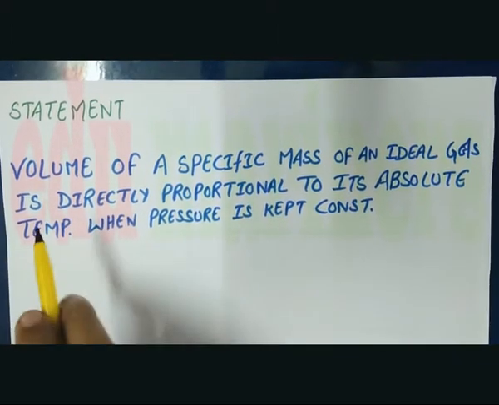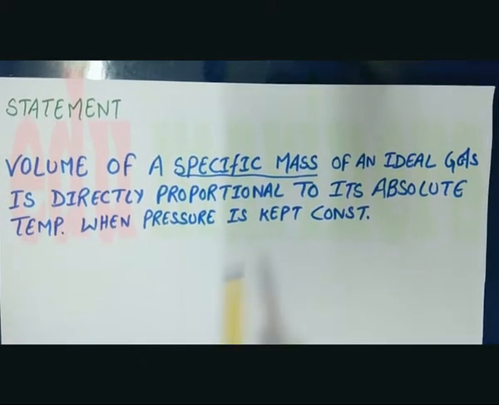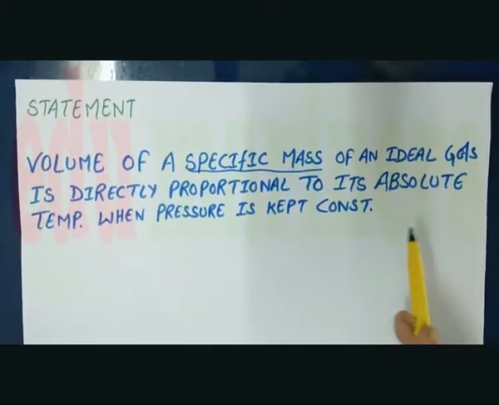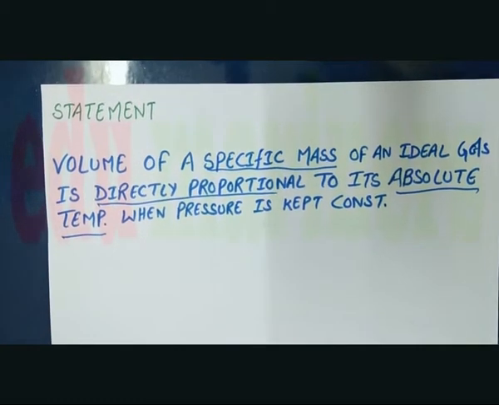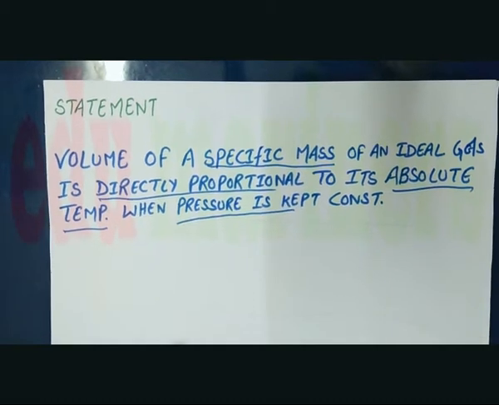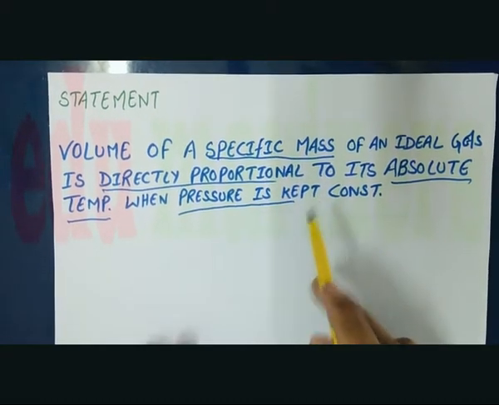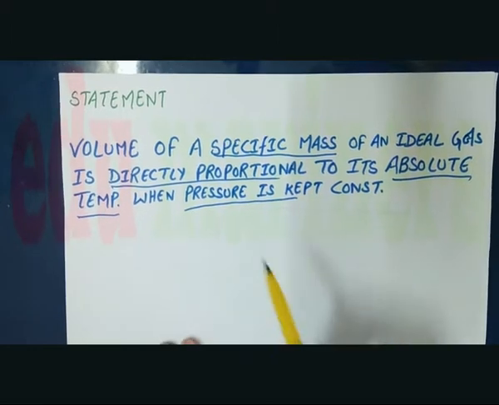It states that the volume of a specific mass of an ideal gas is directly proportional to its absolute temperature when pressure is kept constant. Here the specific mass is constant, as it was in Boyle's law, and the pressure P is kept constant.